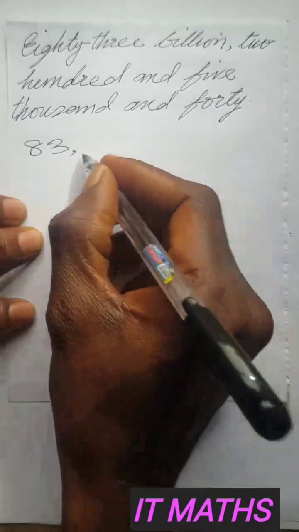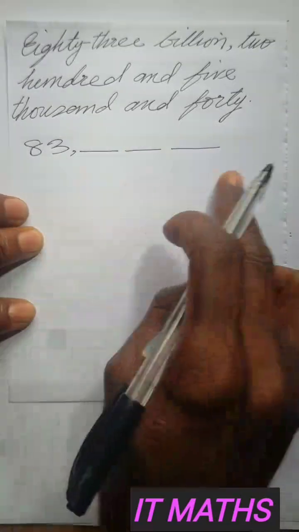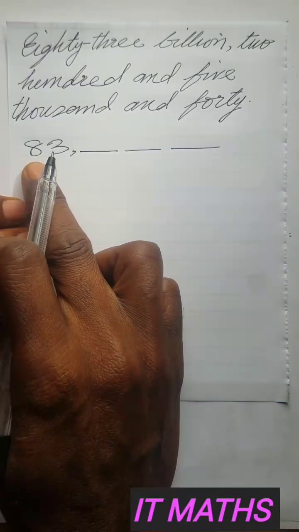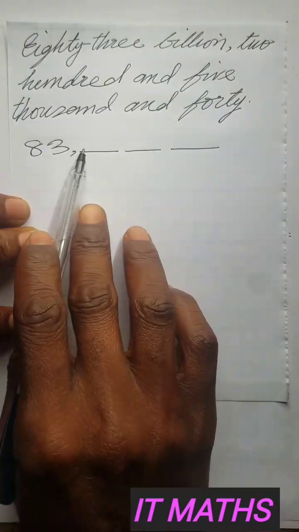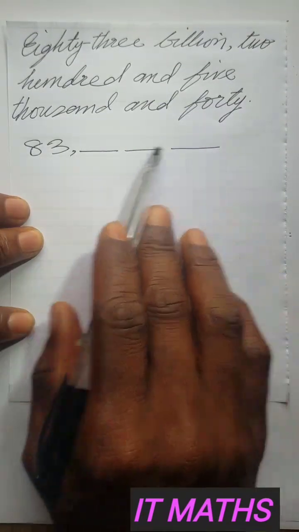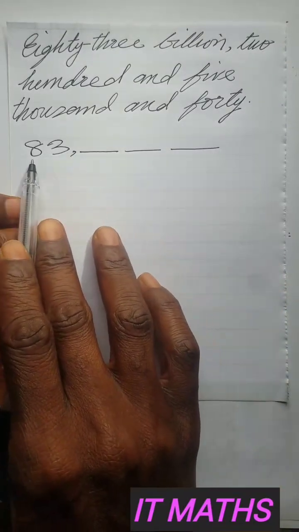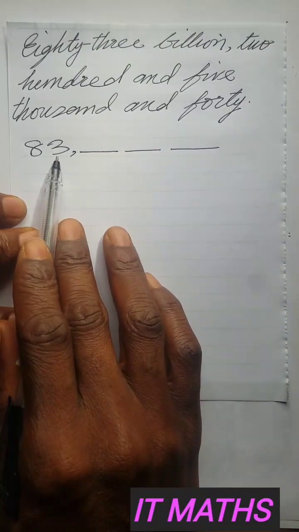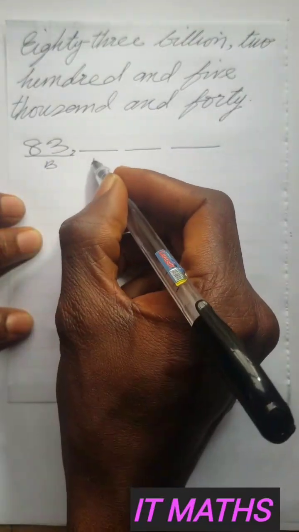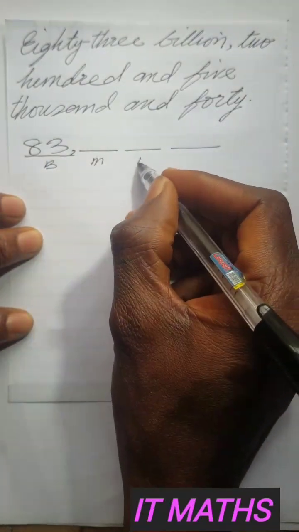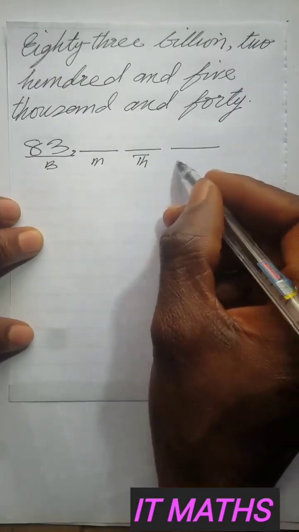It means it must have a set of 9 digits before it can be called a billion. It could be 000000000 or any other digits, but there must be 9 of them for this number to be qualified to be called a billion. Remember, B here, M here for million, TH for thousand, and 100, ordinary 100, tens and units.